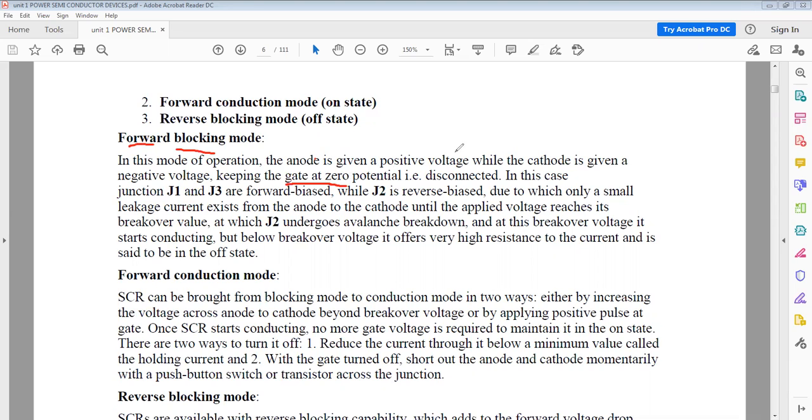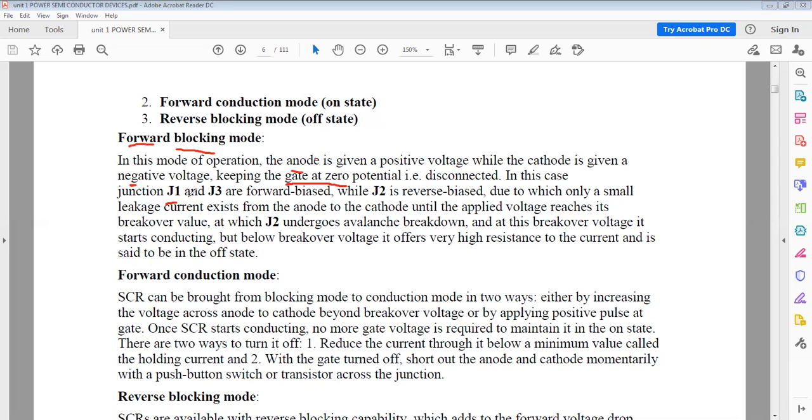That means under forward blocking mode, the anode is given a positive voltage, while the cathode is given a negative voltage. Cathode is the negative terminal. For the anode, positive voltage is applied, and zero potential is applied to the gate, that is, the gate is disconnected. What about the junctions?